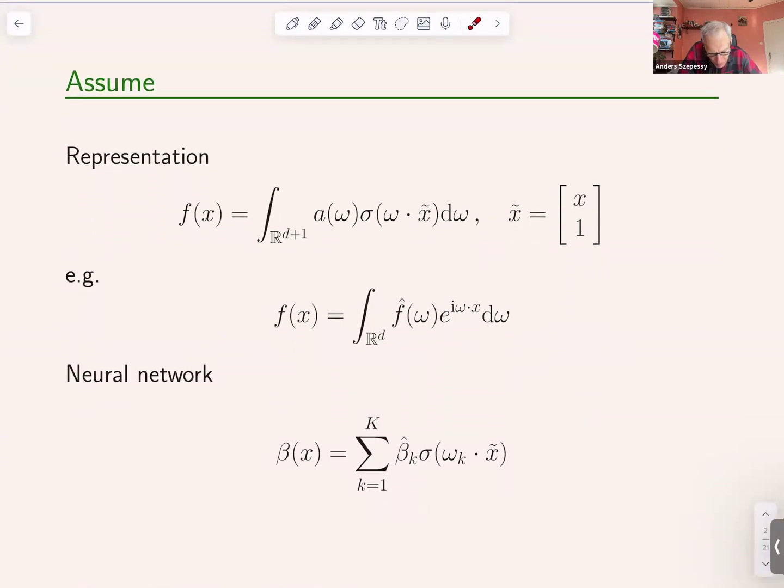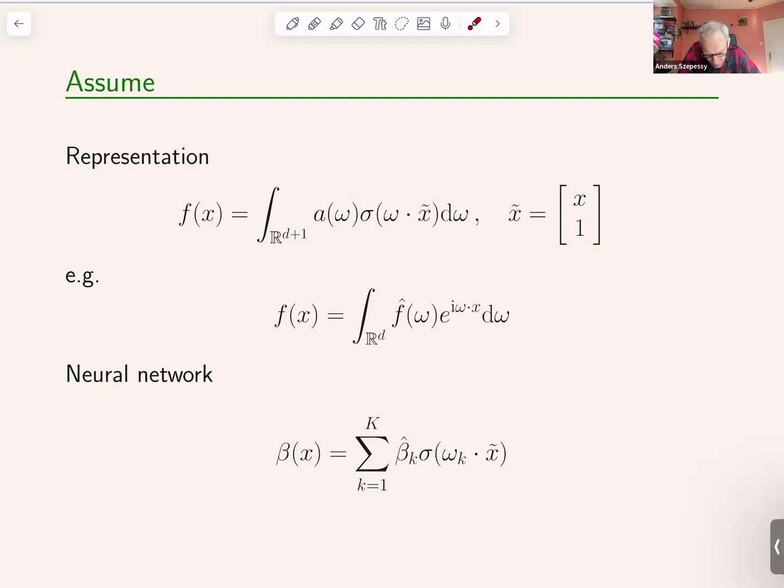Now, we assume that we have a representation of the function that we want to approximate, so that we can write the function as an amplitude and a neural network activation function like this. And we include the bias by adding the 1 here.